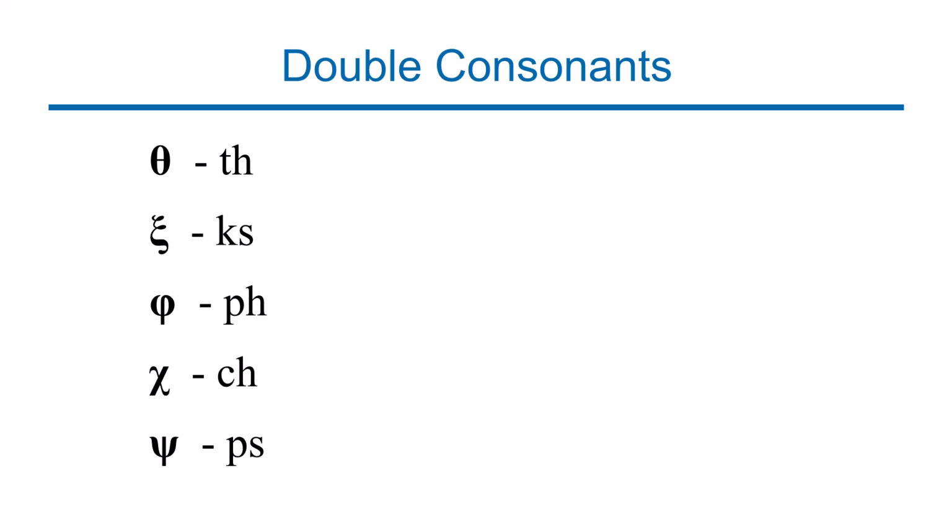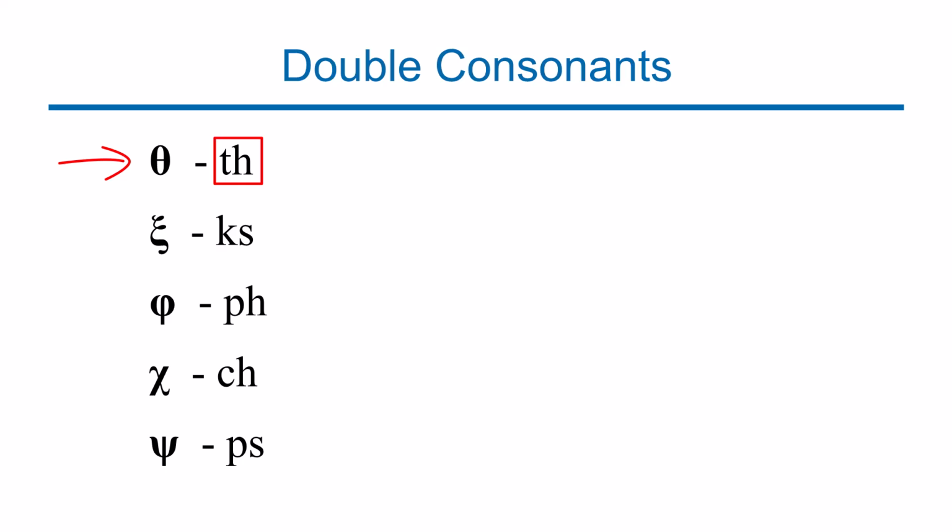As we talk about the Greek alphabet, there are some letters that are called double consonants, where two sounds are combined into one letter. For example, you have theta, xi, phi, chi, and psi. Theta has two sounds, th, that combine to make one letter.